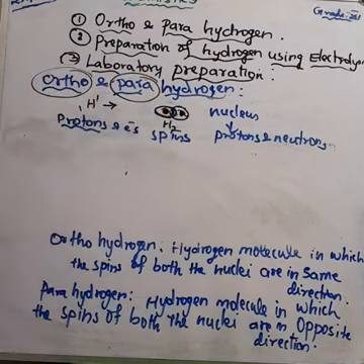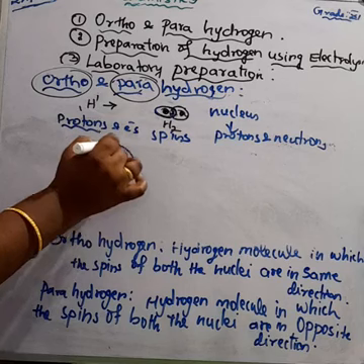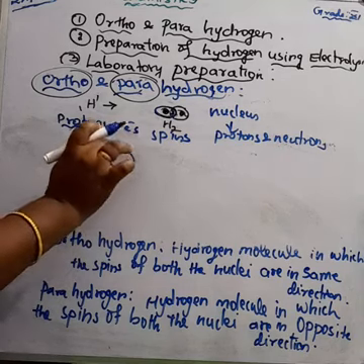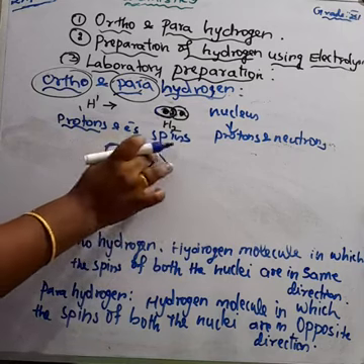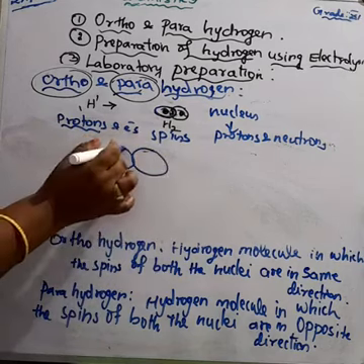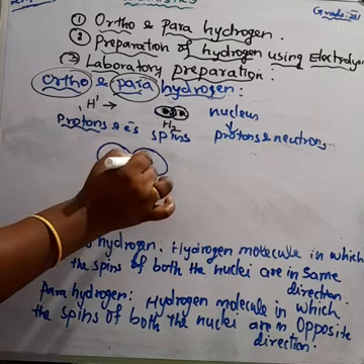Okay, here, when molecular hydrogen is formed, the spins of two hydrogen nuclei can be in the same direction or in the opposite direction.